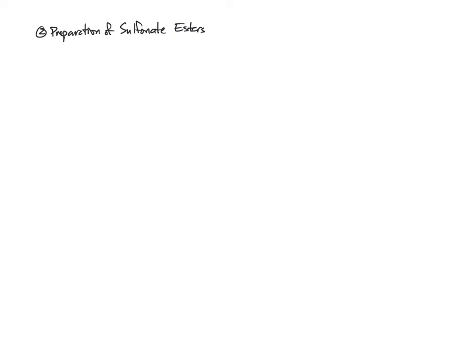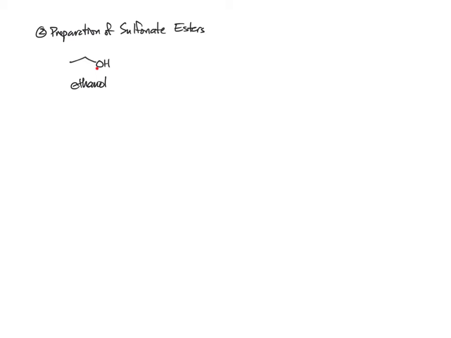So in this next slide here, we're going to look at the transformation of alcohols into sulfonate esters. Again, because sulfonate esters make good leaving groups, and then we can use those substrates in substitution or elimination reactions. So let's just look at a very simple alcohol, say ethanol, and again, we absolutely cannot do a direct substitution of OH for any other nucleophile.